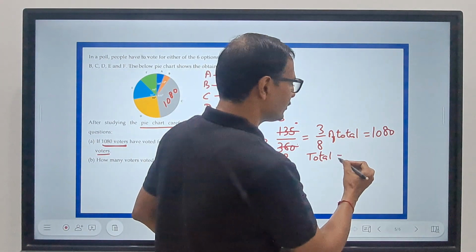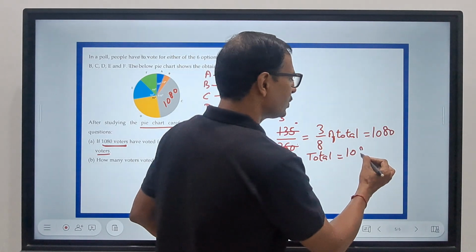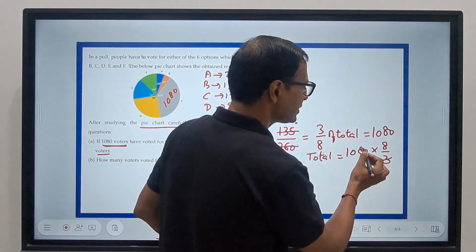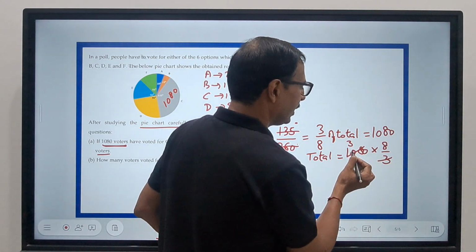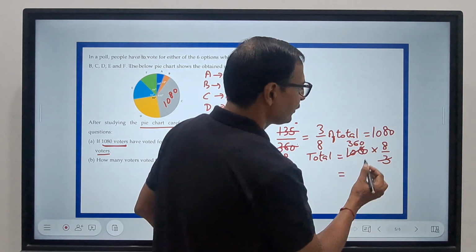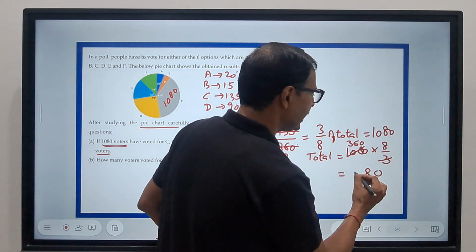So the total number of voters will be 1080 times 8 by 3. 3 cancels this, 3 times 360 is 1080, and so the total will be 8 times 360. 8 sixes are 48, 8 times 4 is 32 plus 4 carried, so 28.